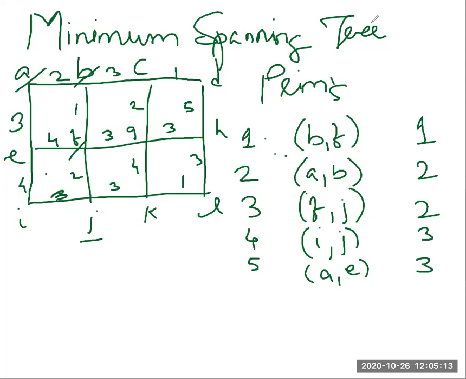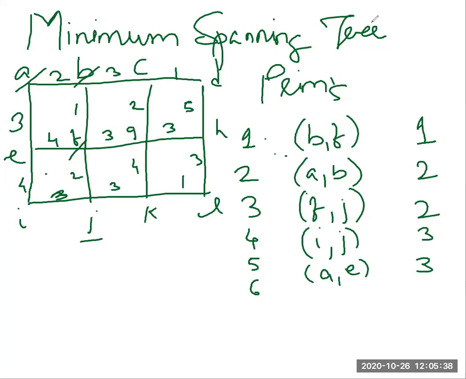Now consider the edges of A, B, F, I, J, and E. So E to I is 4, and E to F is 4. We can consider the edge JK, the edge FG, or the edge BC.